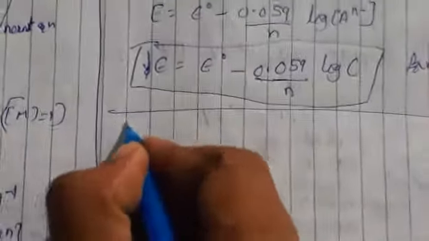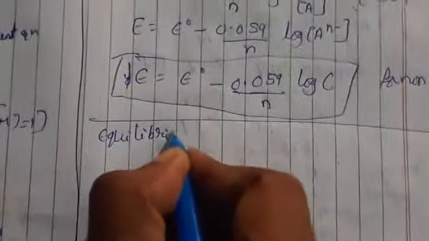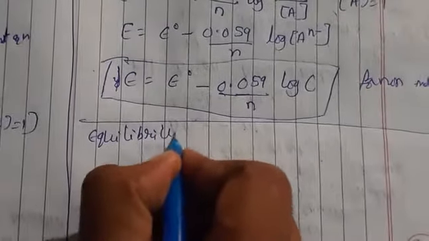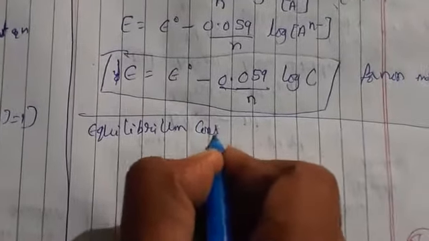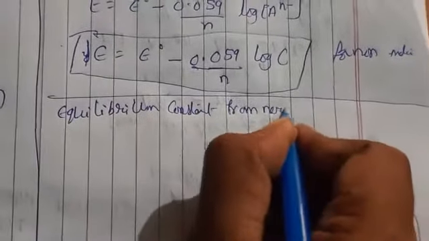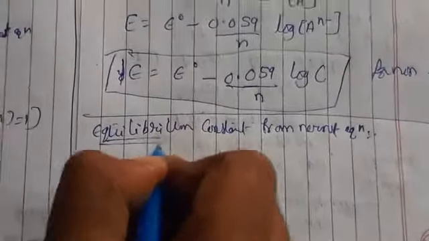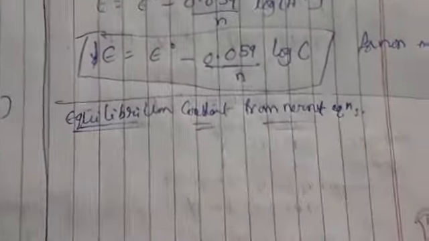Up to here, this is the Nernst equation. Now suppose we want the equilibrium constant from the Nernst equation, meaning from the equilibrium constant we have to derive the Nernst equation.